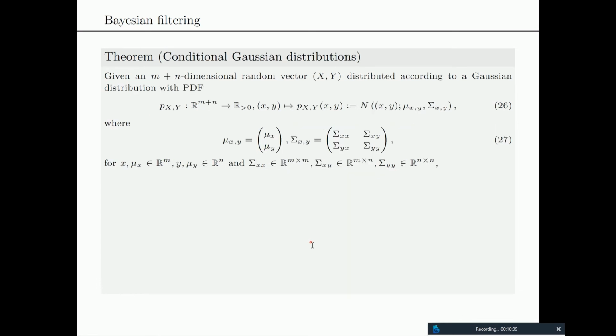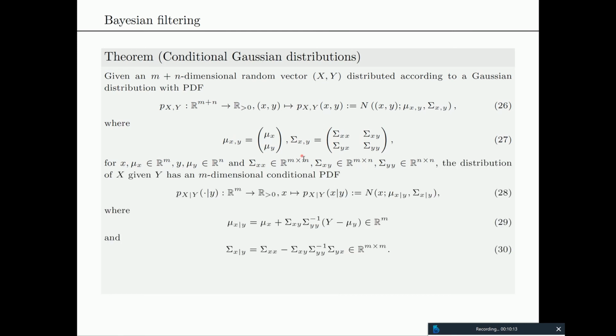From a joint distribution that has a specific form, you can always immediately compute the marginal distribution. Marginalization is very simple. For example, if you have this joint distribution over x and y, then the marginal of x has just the expectation parameter μx and the covariance parameter Σxx.